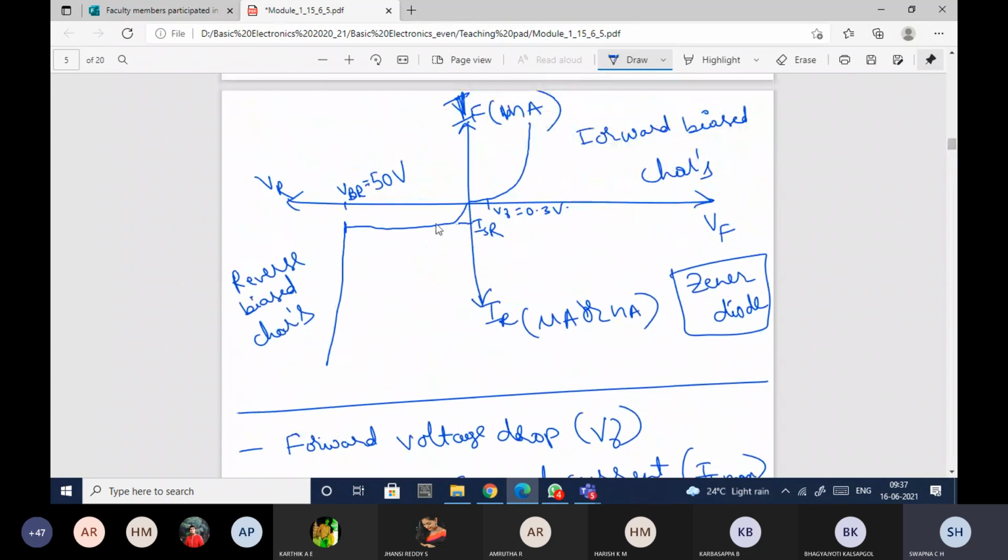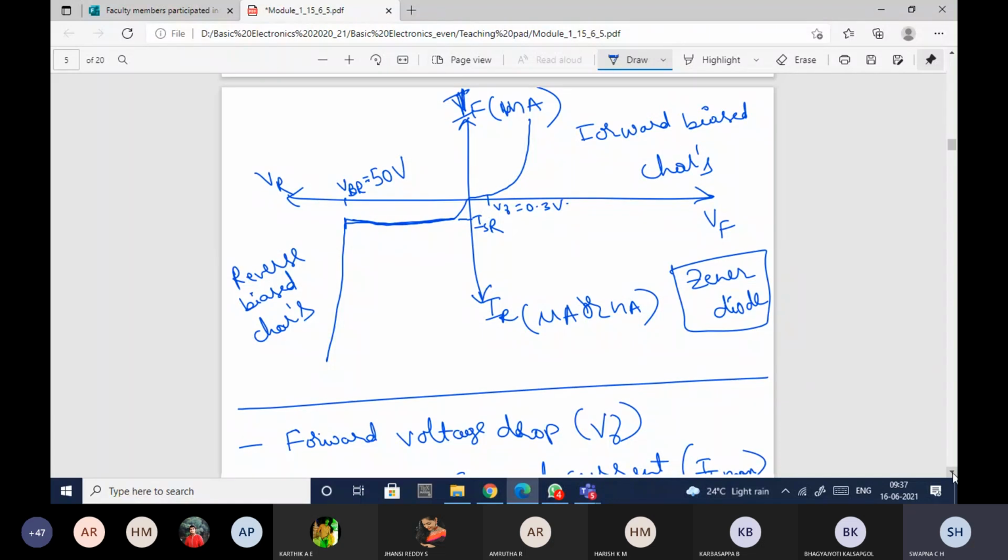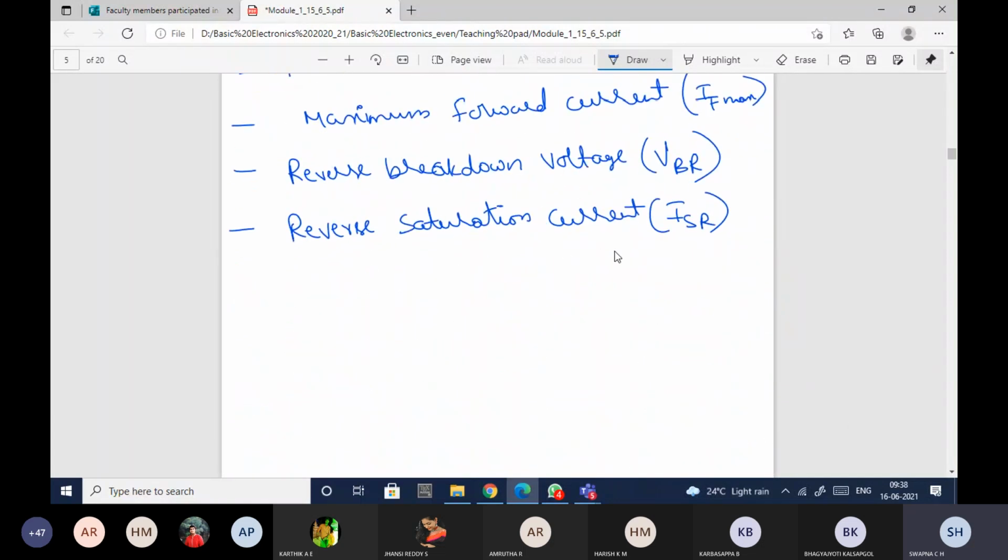So this is ISR. In the ideal case, the ISR should be equal to 0. There should not be any reverse current present there.